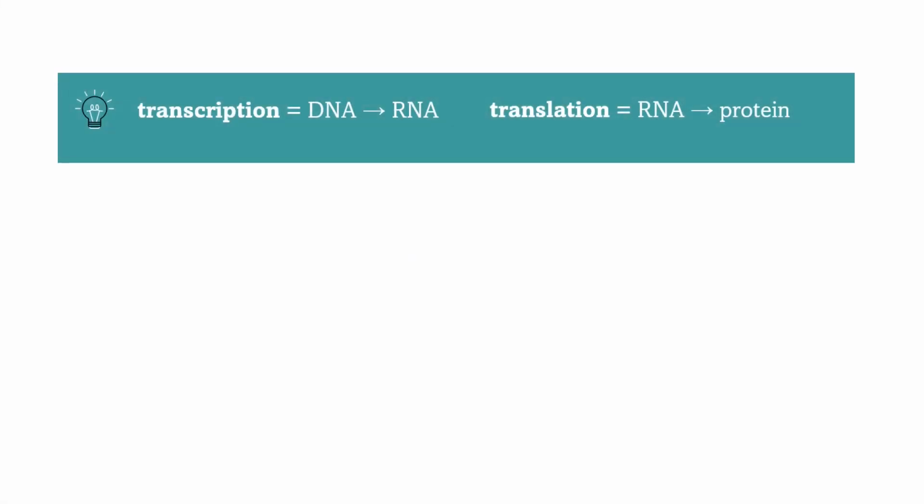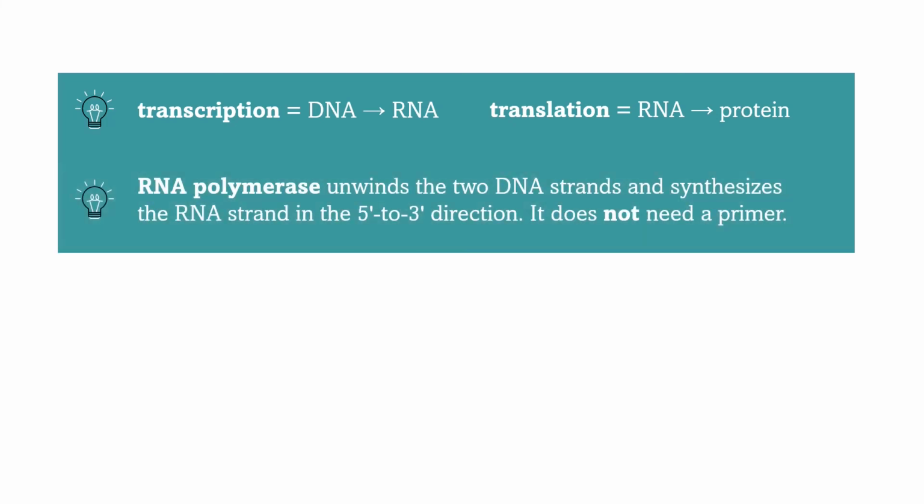First, we said that transcription is the rewriting of the information stored in the DNA to an RNA molecule. Translation is then synthesizing a protein based on this RNA molecule. We explained the whole process and said that it starts with the RNA polymerase, which unwinds the two DNA strands and synthesizes the new RNA strand in the 5' to 3' direction.